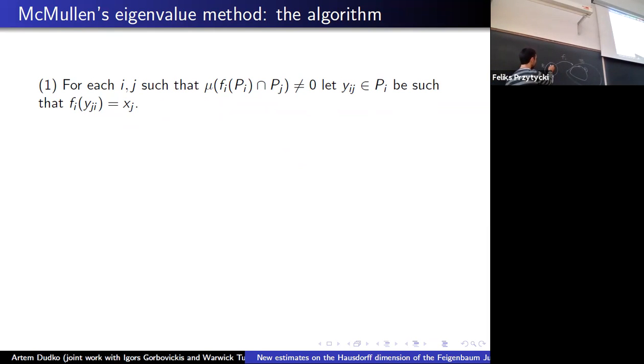Here we have some point xj inside piece Pj. We pull it back, and here we obtain point yij.